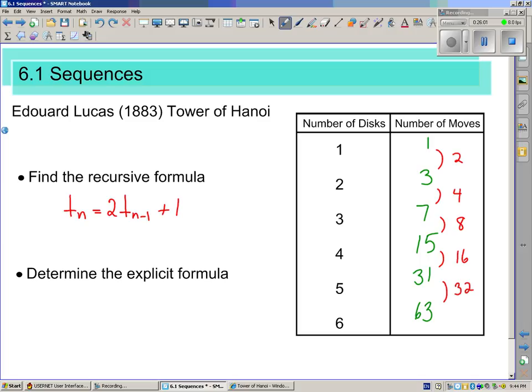Remember we said the explicit formula, can I write a formula that works? And I said, a 2, a 4, an 8, a 16, a 32, those are powers of 2. So if I'm looking for my nth term, I'm thinking I've got 2 to some power. But you're saying, but it's not 32. That's just the difference.